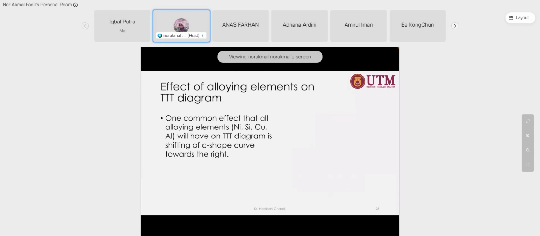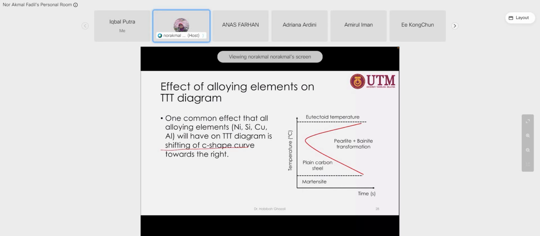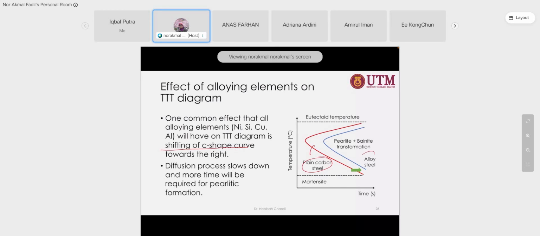Besides, adding alloying elements will affect the TTT diagram. One common effect that all alloy elements produce is shifting the C-shaped curve toward the right. For example, this is plain carbon steel without alloying elements, and this is alloy steel. So you will have a longer time for stable martensite.